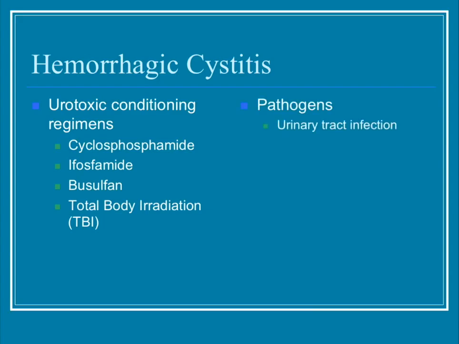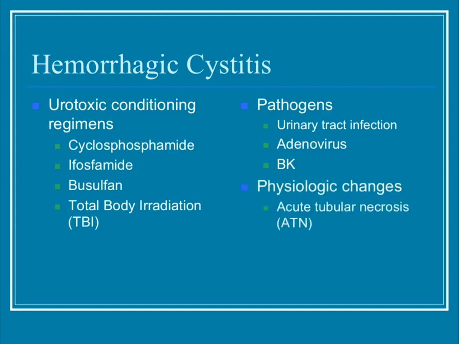Is it just a UTI? Is it adeno? Is it BK? We one time had a case, for example, that had delayed diagnosis because they did the BK but not the adeno. Thankfully, the patient survived. Physiological problems: does the patient have ATN or low platelets?